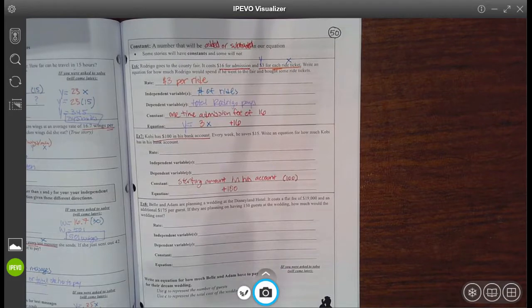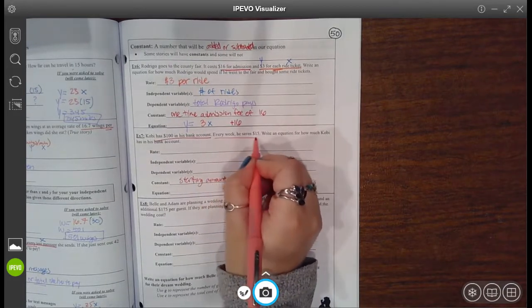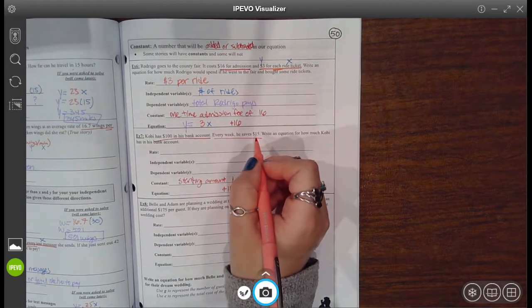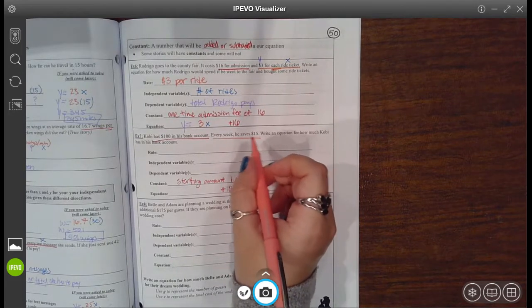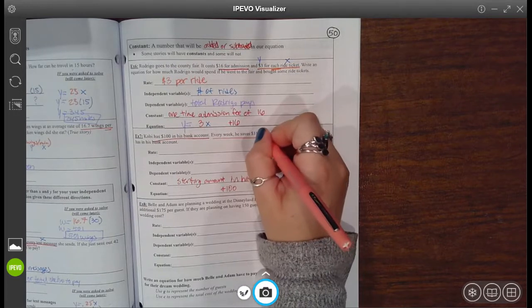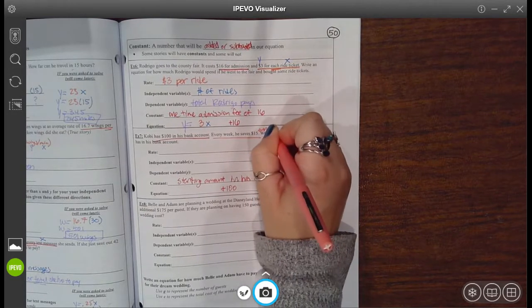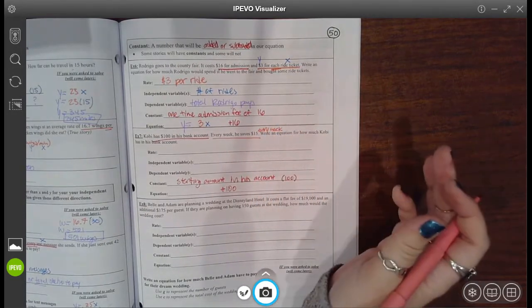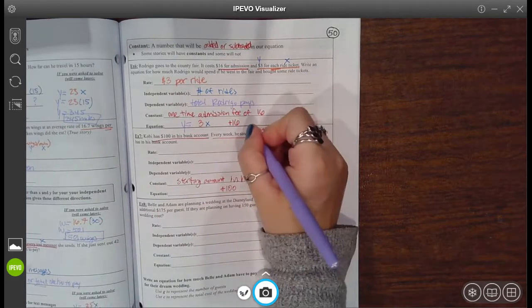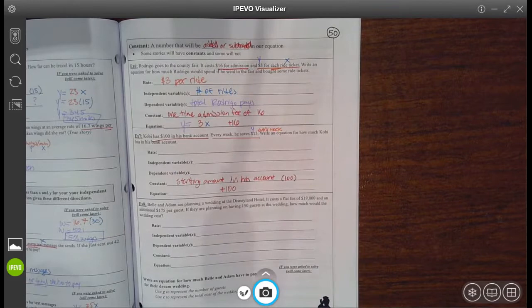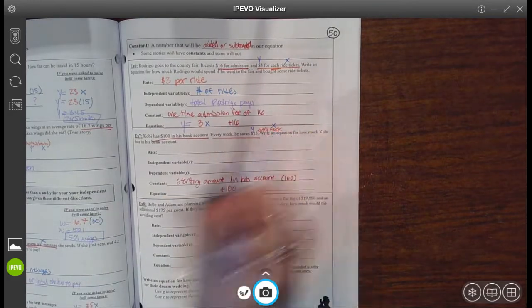And then our rate: every week, he saves $15. Okay, now this is a little bit tricky because it's like, wait, it's the y per x. Imagine if it said $15 every week, because it technically could be rewritten like that, right? So it's still y per x.